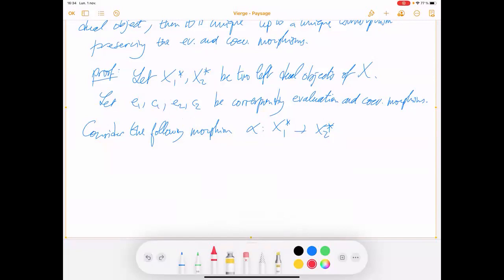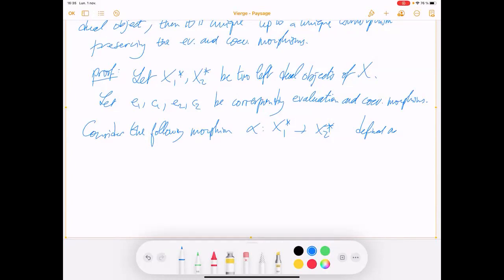So the idea is the following. Define as follows: with E1 and C2 you will get alpha, and with C1 and E2 you will get another morphism called beta, and we will prove that alpha composed with beta is identity, so that it's an isomorphism.